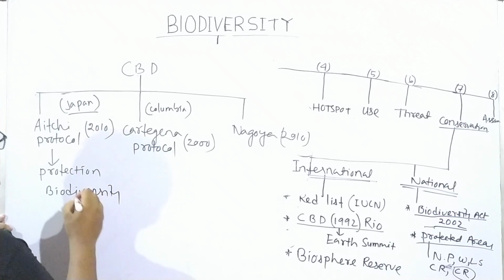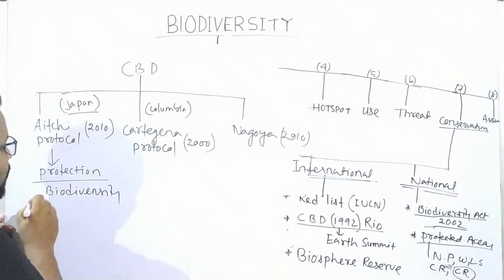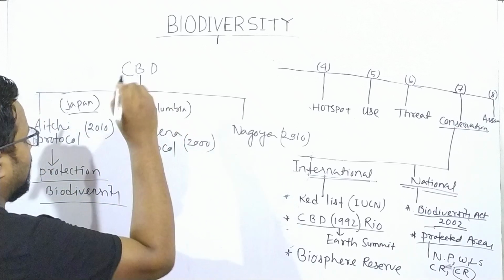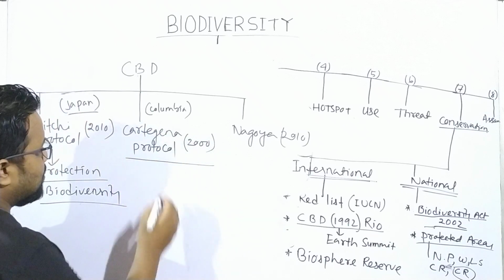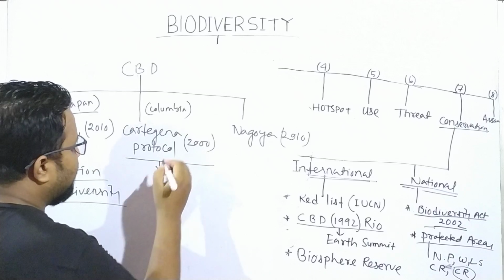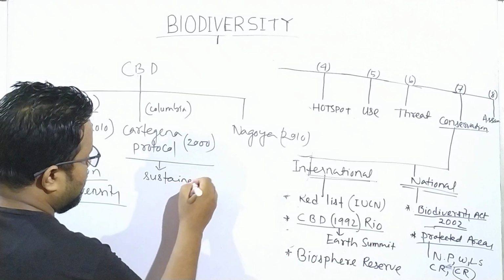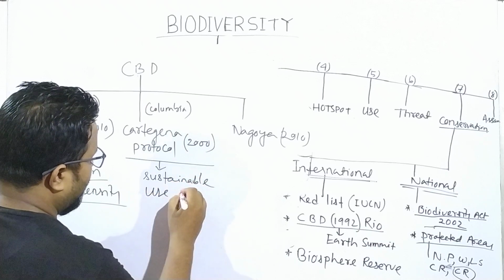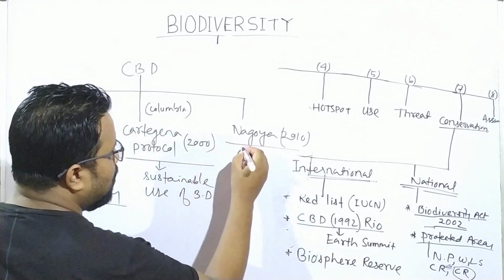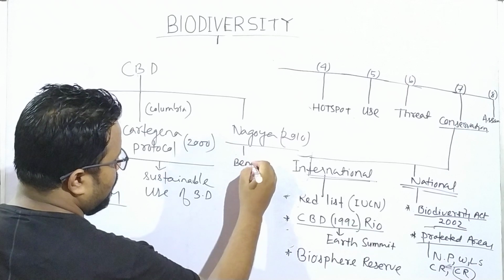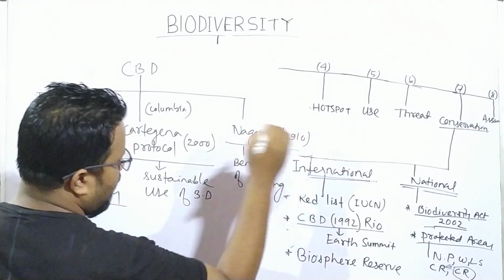The Cartagena protocol is mainly based on sustainable use of biodiversity. And the Nagoya protocol is about sharing of benefits. I am going to explain.